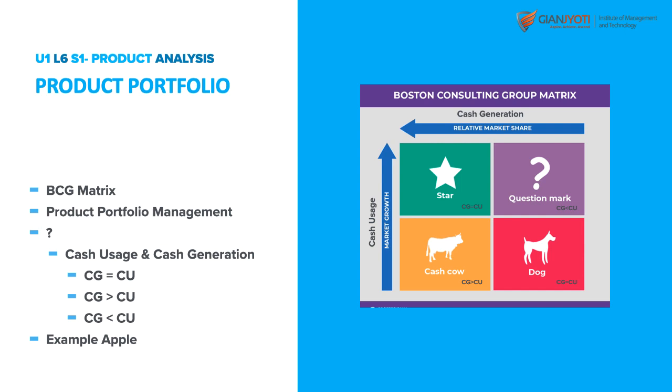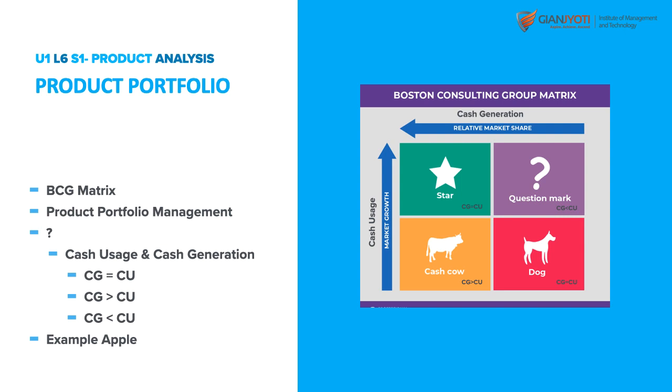Now cash cow, which is the yellow one, here the market growth is not there, right? But your share is increasing. That means you are generating more cash, but you are not pumping in more cash because the market is not growing. So it is very important to understand this.